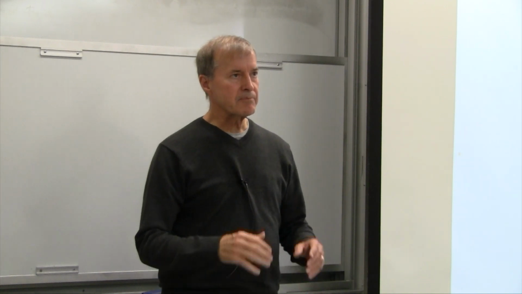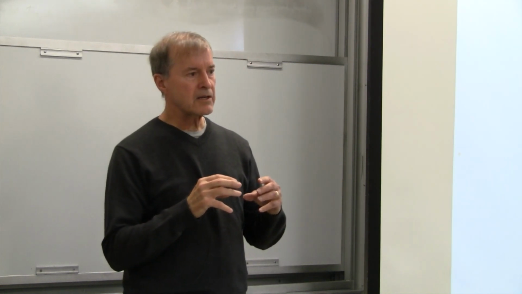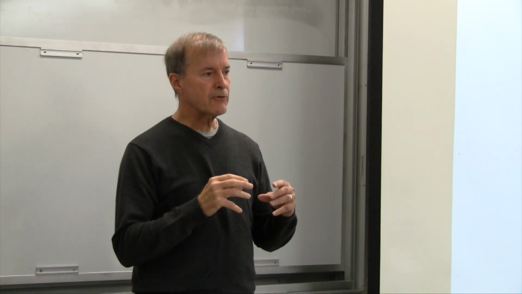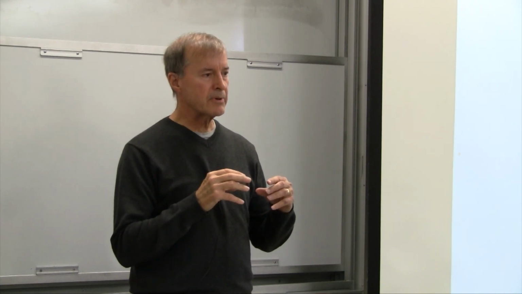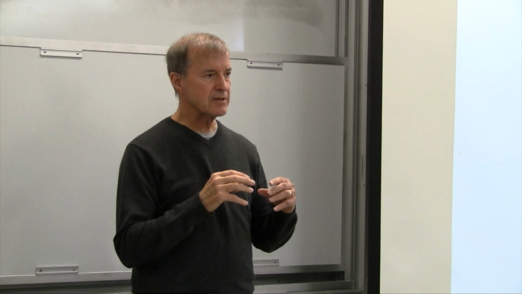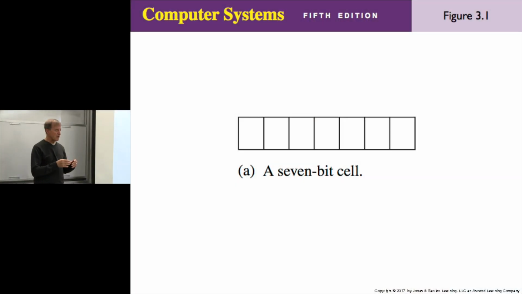Now here's the thing. In a computer system, information is always stored in a group of sequential bits. What we have here in figure 3.1 is an example of a 7-bit cell. These cells can range from 4 bits, 7 bits, 8 bits, to 32 bits.